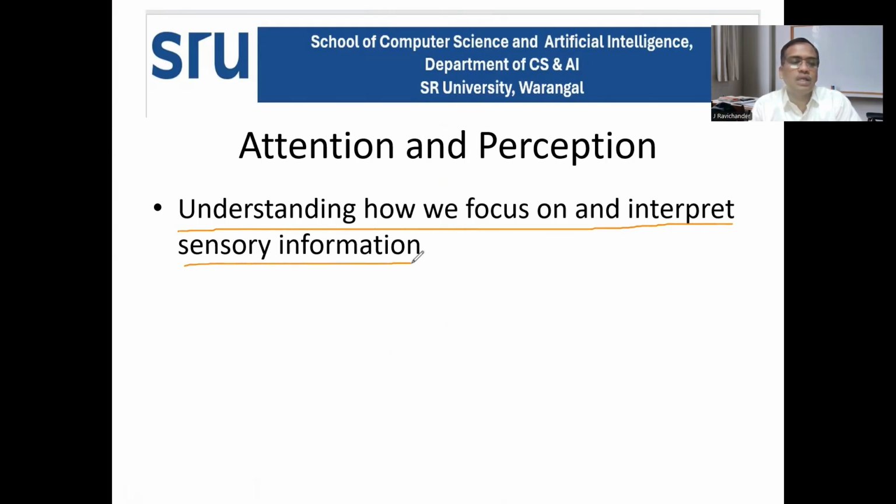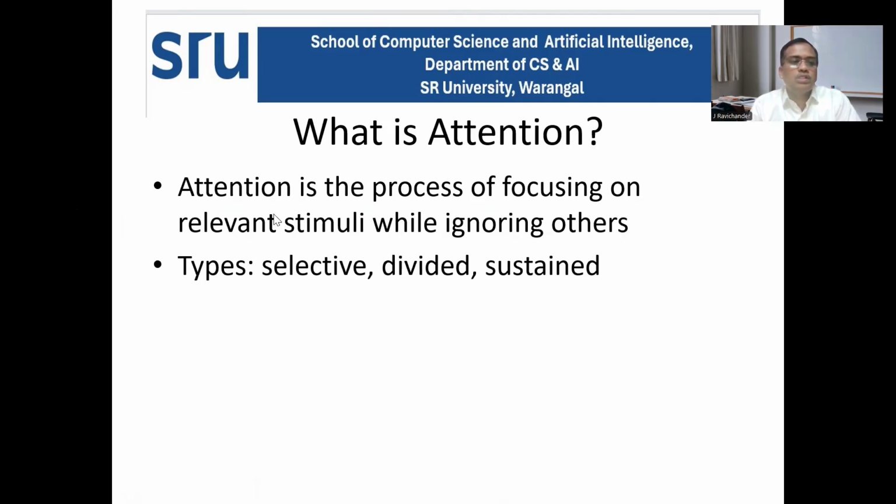That is called attention. Attention is the process of focusing on relevant stimuli while ignoring others. For example, the types of attention are selective, divided, and sustained. These are the different types of attention.